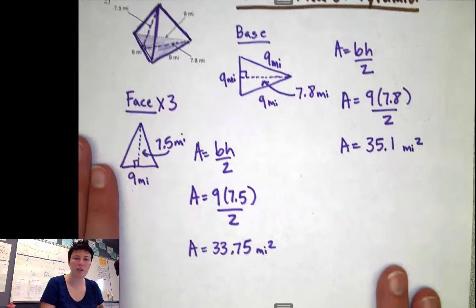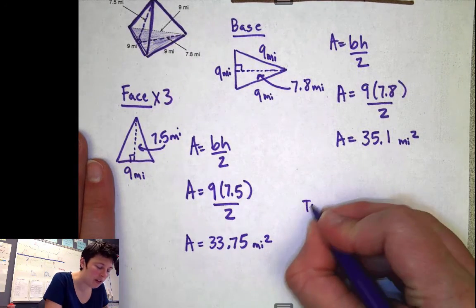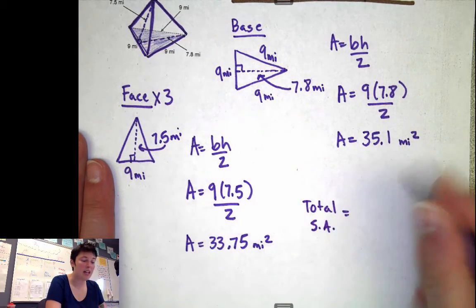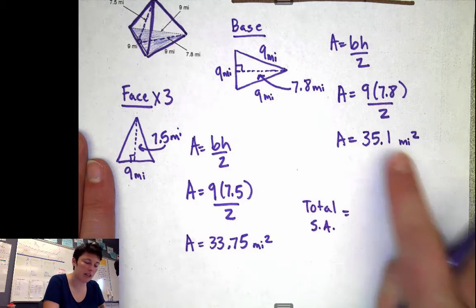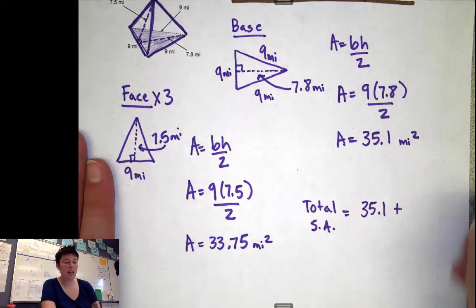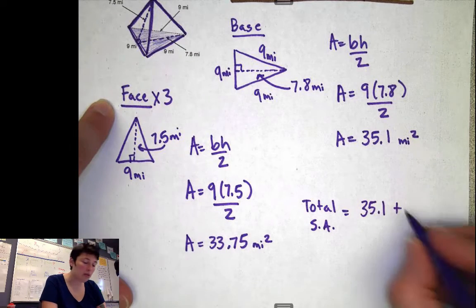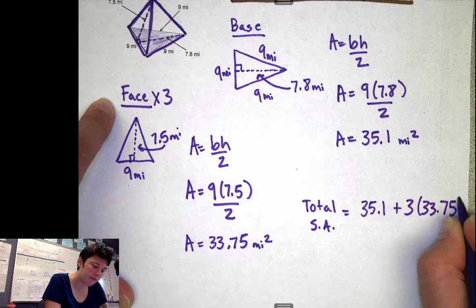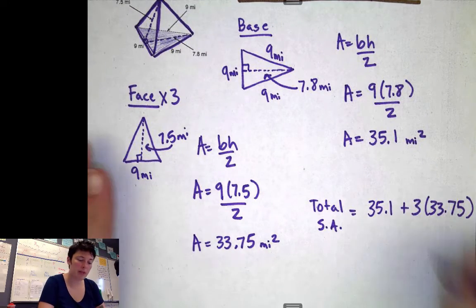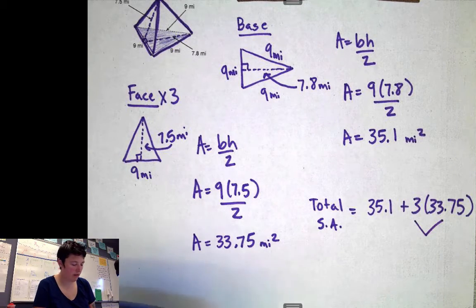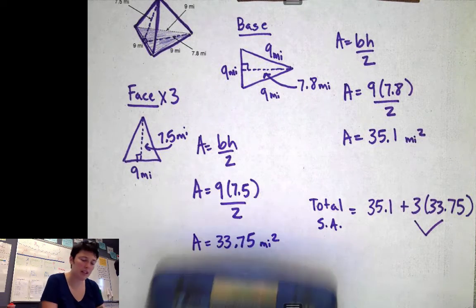So let's find that total surface area. Let's do that over here. Total surface area. We are going to add the base, which was 35.1, plus we are going to add 3 of those faces. So 3 of the 33.75. So we'll add all this up. Let's see here. We're going to do 3 times 33.75. I'll just do that on my calculator real fast. That's 101.25.